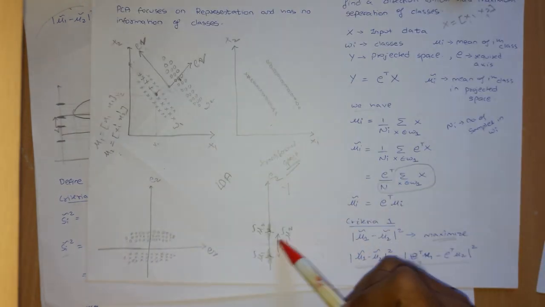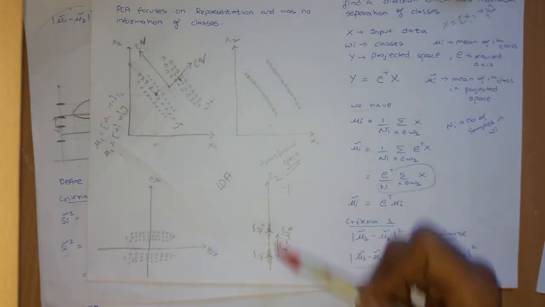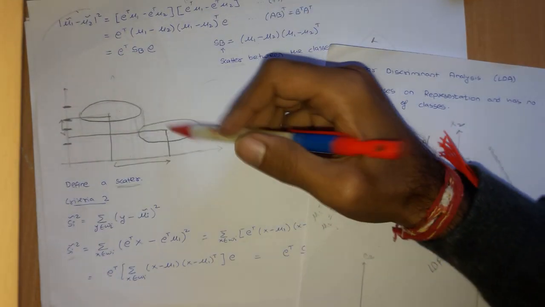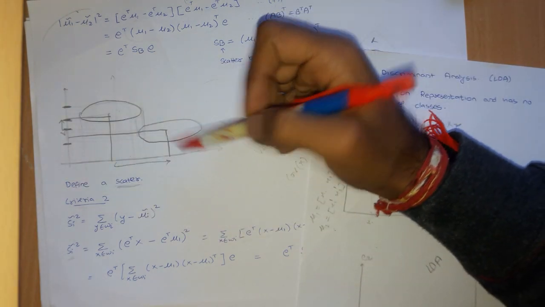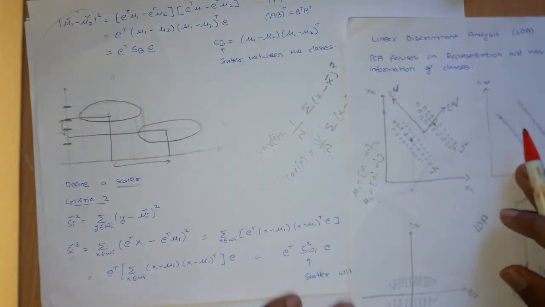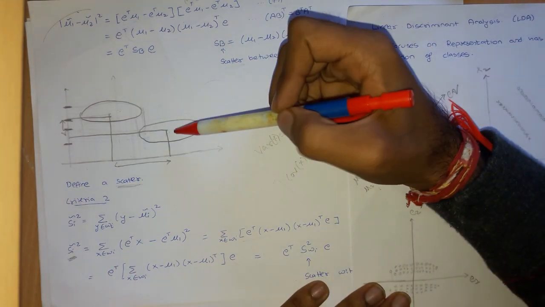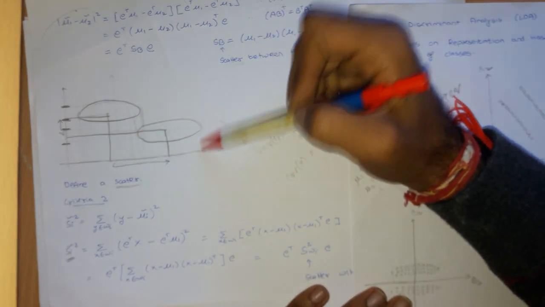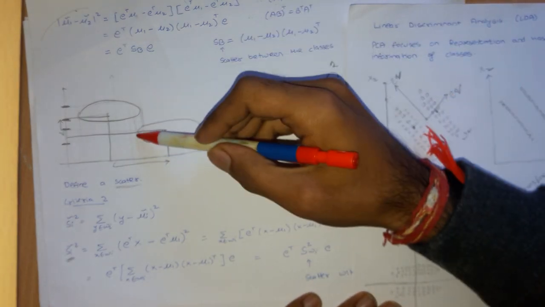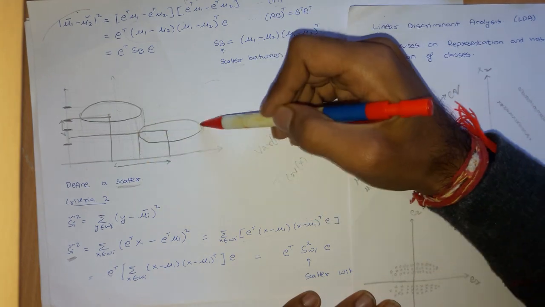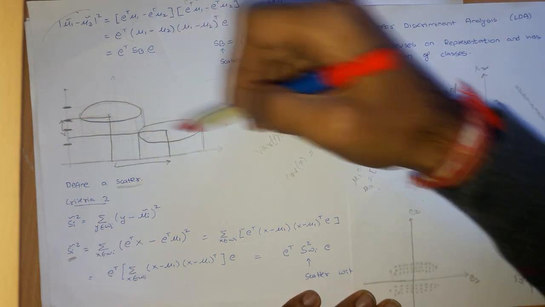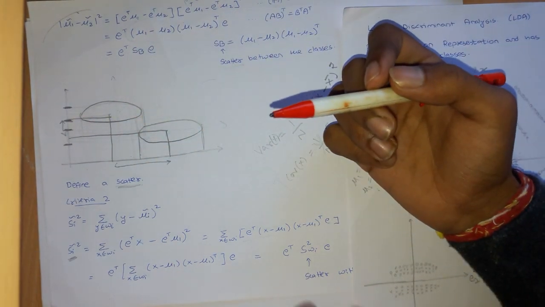Earlier I was projecting on E2, so that was my transformed space. Here I am projecting on this axis, so this becomes my transformed space. Now we have a notion of s i tilde square. These scatters will be for every class: a scatter for this class, a scatter for this class. So for two classes there will be two scatters.